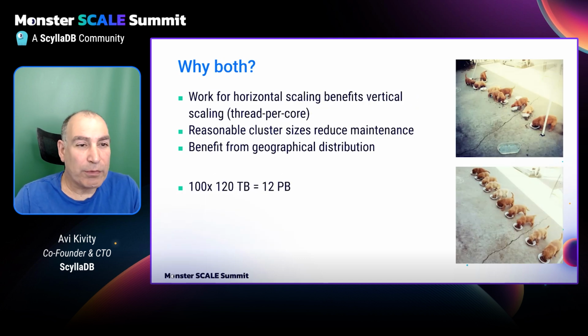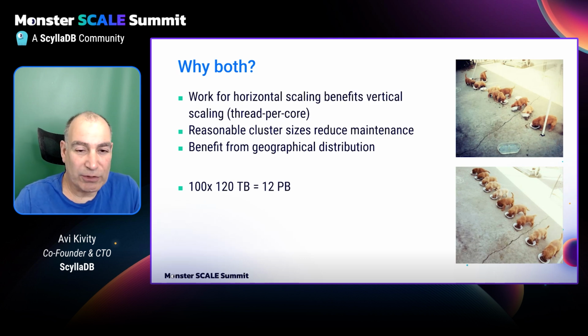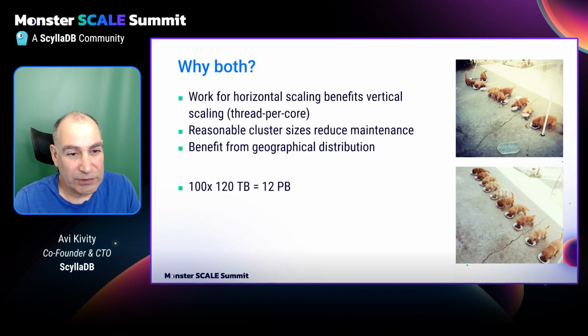So why both? First, the work for horizontal scaling also benefits vertical scaling. You saw the image of how the large processor with 192 vCPUs is basically a small cluster, or maybe a large cluster. And here is the infamous image of the puppies.